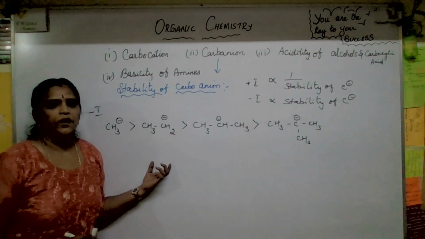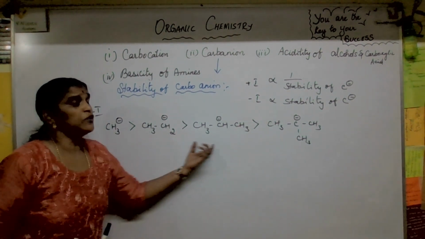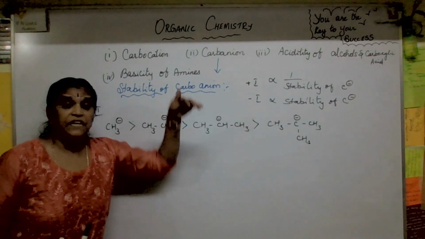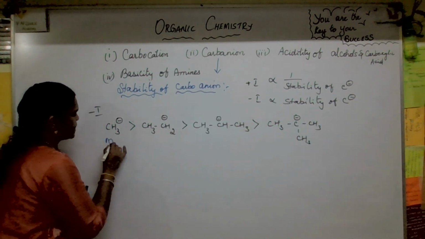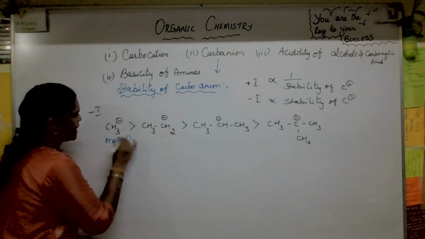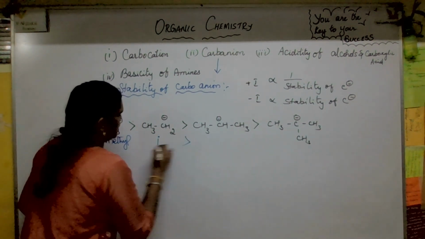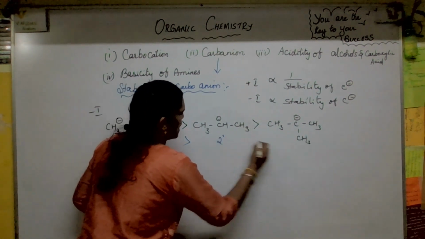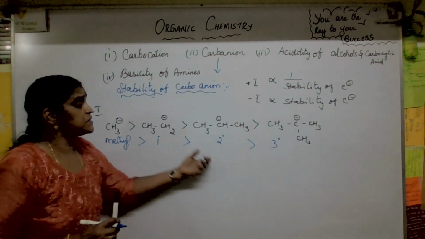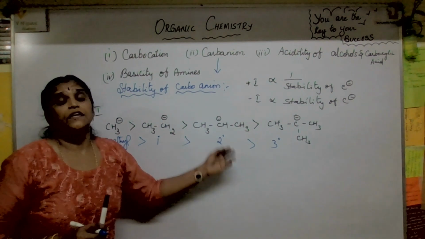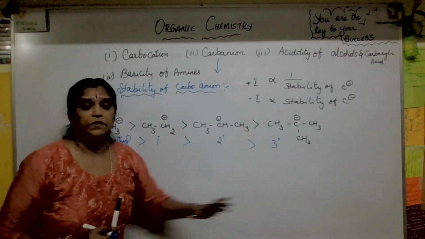So this is methyl, primary, secondary, and tertiary. So as the number of carbon atoms increases, naturally the stability of carbanion decreases.